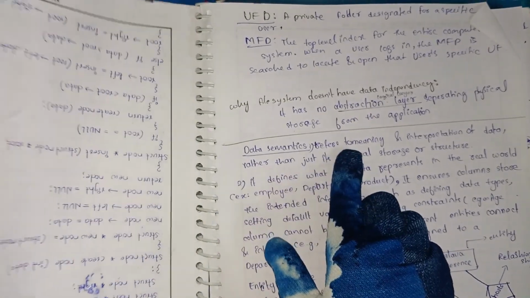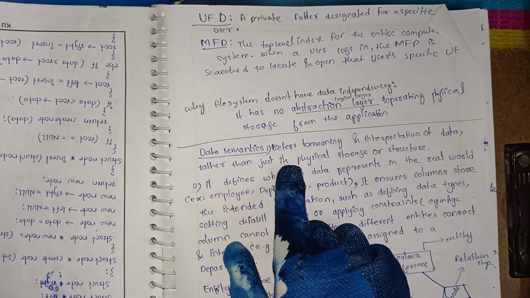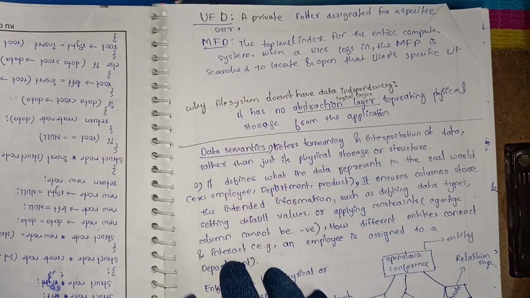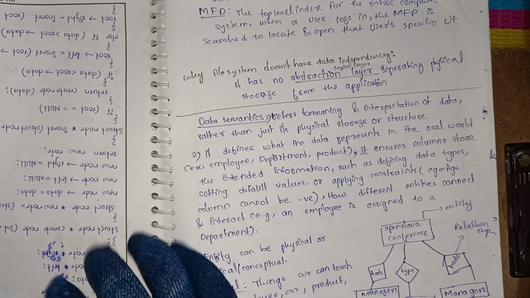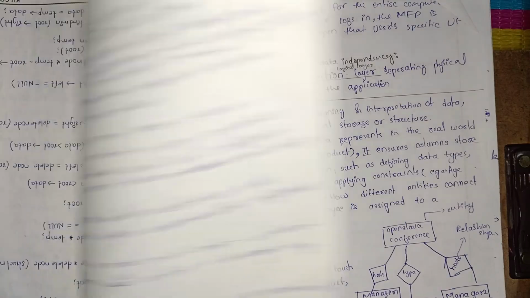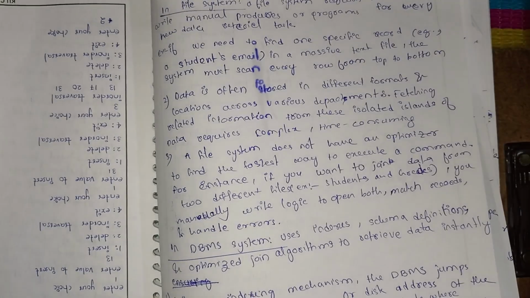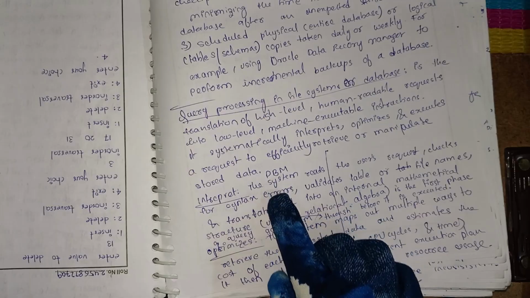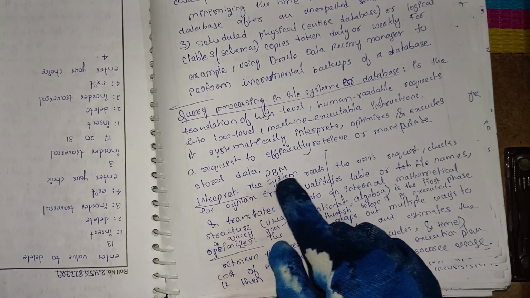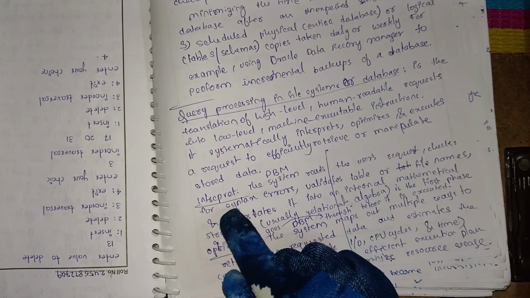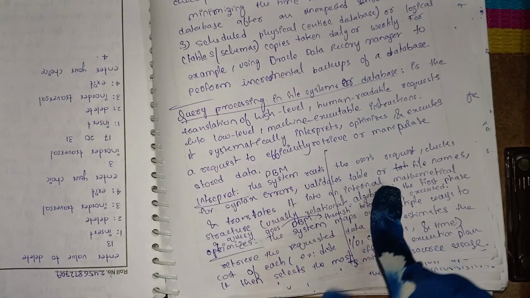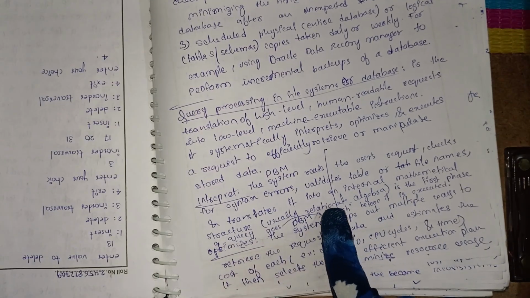Data semantics refers to meaning and interpretation of data rather than just its physical storage or structure. So meaning of the data and interpretation of the data. Interpretation of data means the database management system reads the user's request, checks for syntax errors, validates table or file names, and translates it into an internal mathematical structure, usually relational algebra.